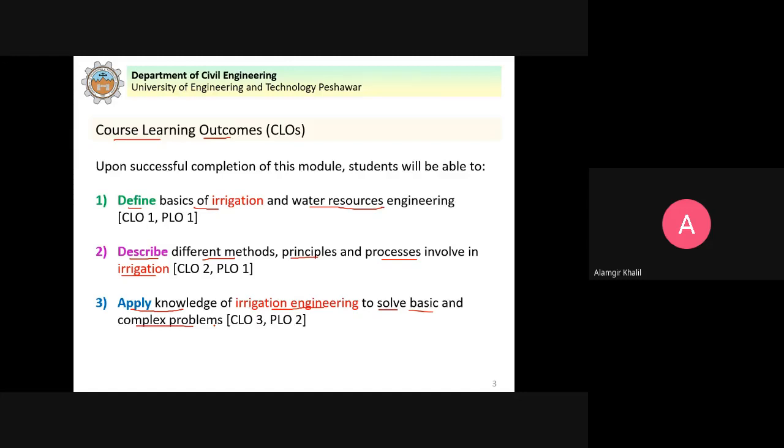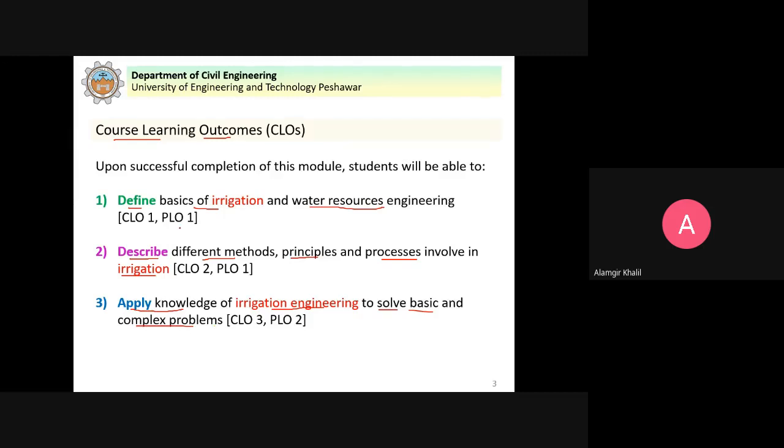We have to identify what the sources available are, and then how we supply that water to that agriculture area, what kind of irrigation system we need to provide, what type of hydraulic structures we have to construct, and how we have to operate and maintain it for successful execution of that irrigation project.